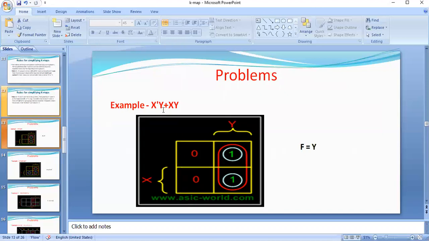For the variable X, since the given function is in sum of products form, I'm treating 0 as the complemented variable and 1 as the uncomplemented variable. For X we have two possible combinations, 0 and 1, and for Y also 0 and 1.